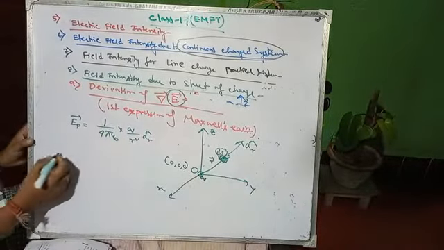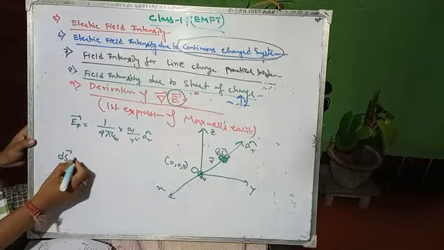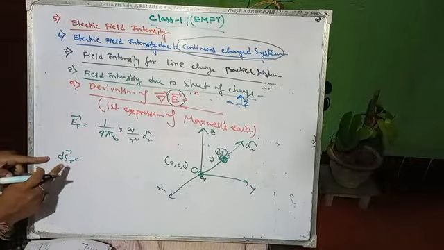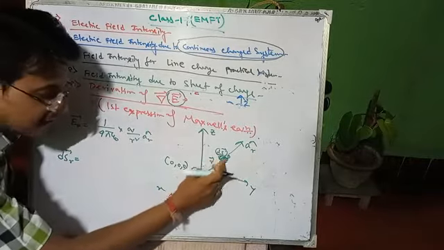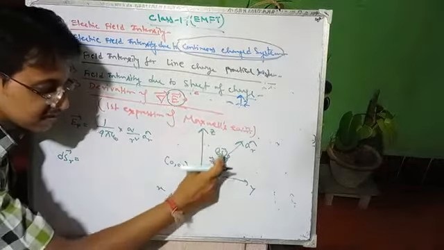So dS_r can be represented. Why dS_r? Because we are taking a surface at distance r from the origin.